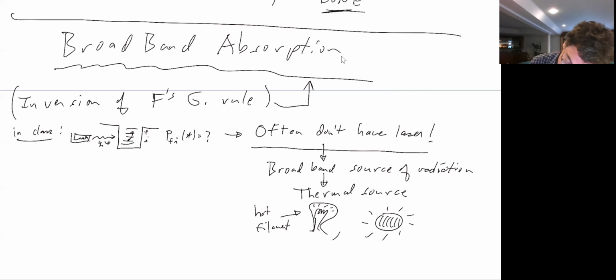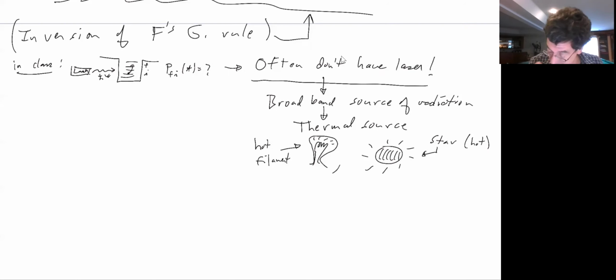These are thermal sources of light, because stars tend to be quite hot. We get light from hot filaments and stars. That's where we used to always get light, except these days we have LEDs and stuff, but there are many thermal sources.